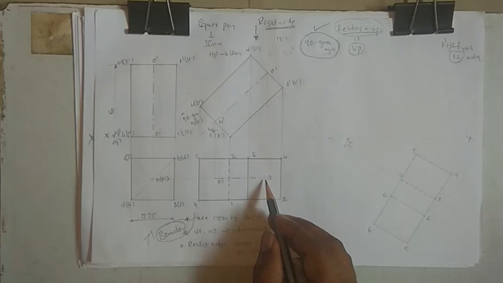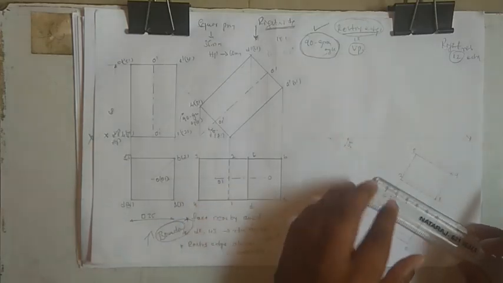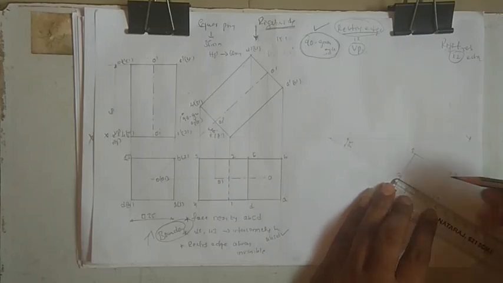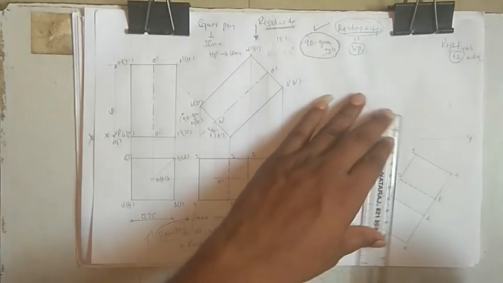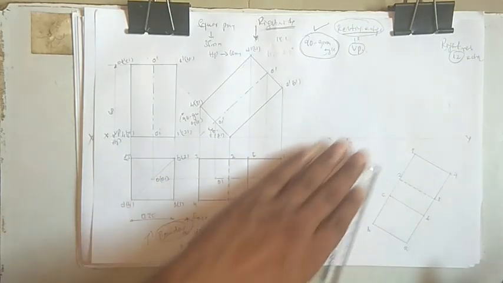Okay, so now we need O and O1. It will come in the midpoint. So this is 35, means it's 17.5. So 17.5 means here it is. Okay, you just drop a thin line.